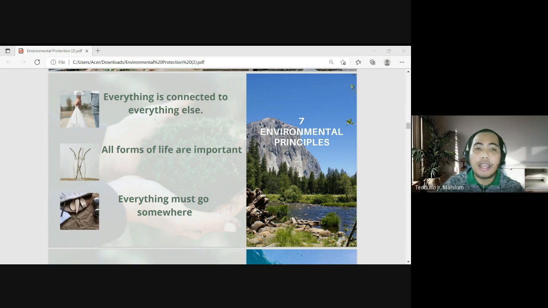Everything that we throw away, even a piece of paper, leftover food, the peeling of fruits, plastic wrappers, even used containers, they have to go somewhere. Even plants and animals have their own waste. They have feces, urine, even dead leaves and branches of trees.